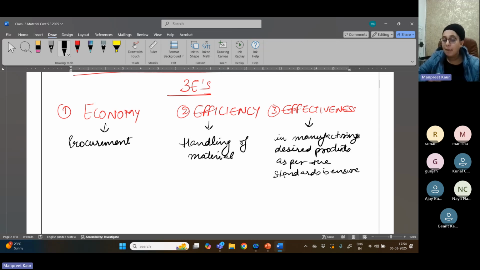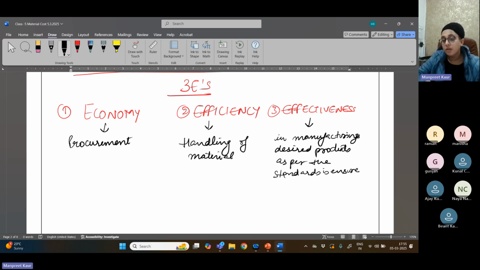First of all, we have to give a sample and do sample testing. Reason being, the customer says I did not want black color, I wanted a blue color body for pen manufacturing. Then the whole lot will be spoiled. Ultimately, it is a loss to the company. Effectiveness should be there in manufacturing.